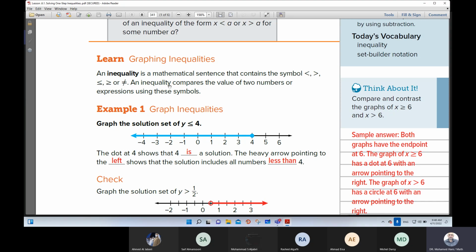So an inequality compares the value of two numbers or expressions using these symbols.